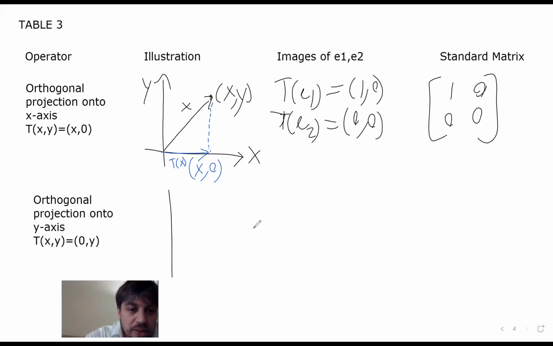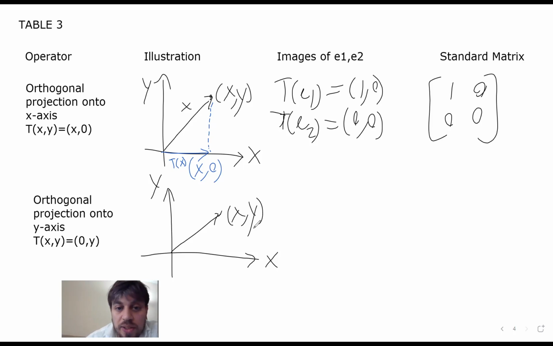So you're just projecting the vector onto the y-axis. So you have the x-axis, y-axis. You have a vector x comma y projected onto the y-axis, and you get the vector 0 comma y. Okay, so this is the vector T of x.